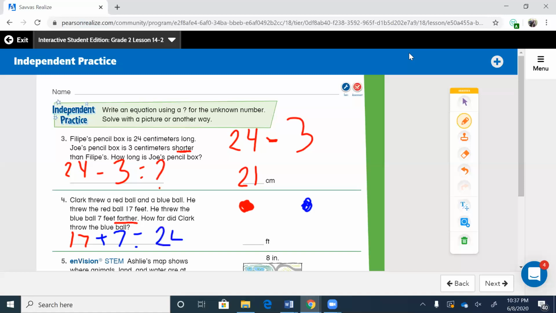So the blue ball is 24 feet. I'm getting tired now. The blue ball is 24 feet. There you go.